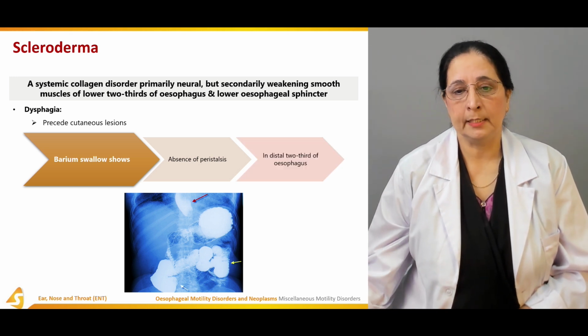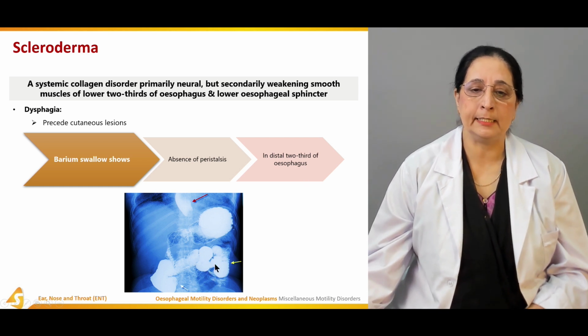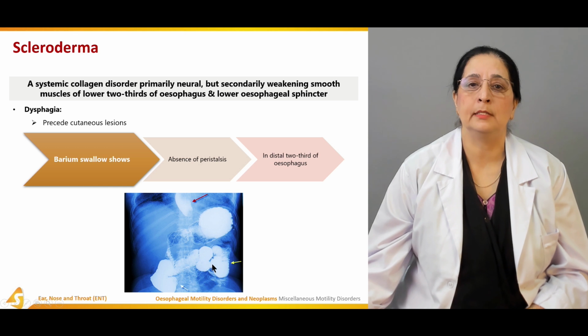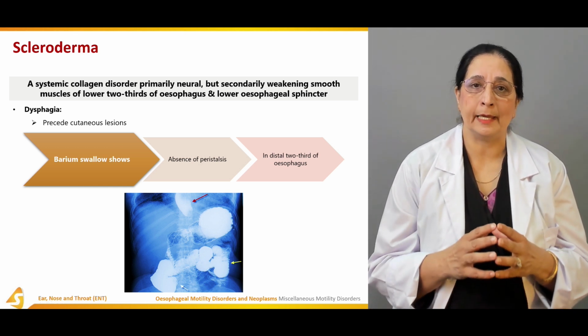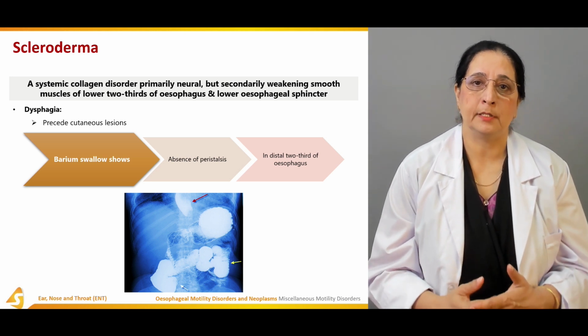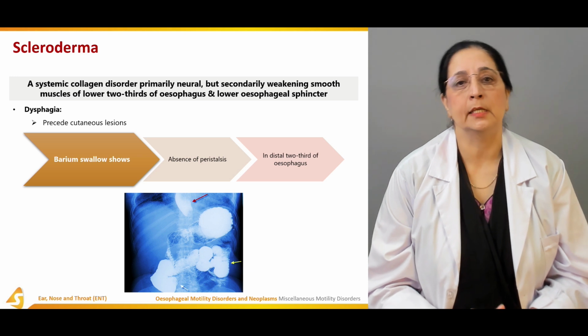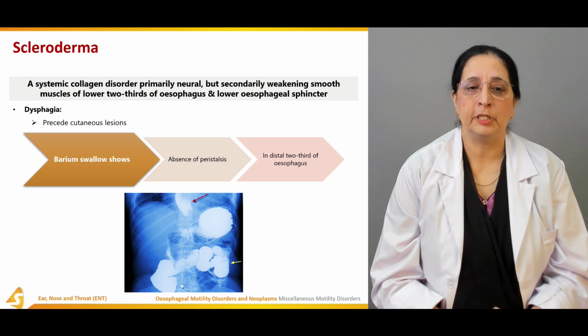Mainly in the distal two-thirds of the esophagus this problem is common. So barium swallow is the diagnostic test that can be done, and it shows absence of peristaltic waves, which is more common in the lower third and lower esophageal sphincter.